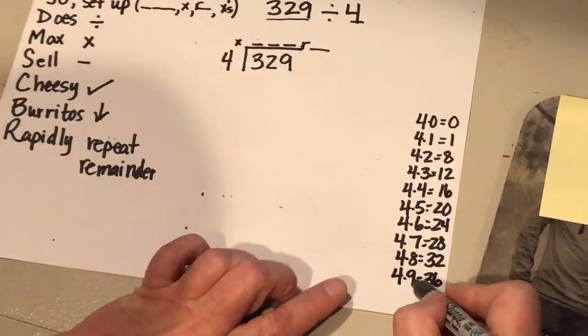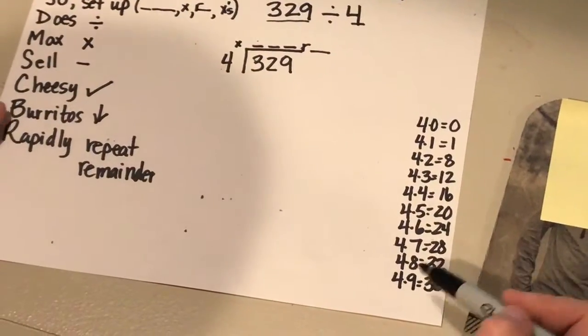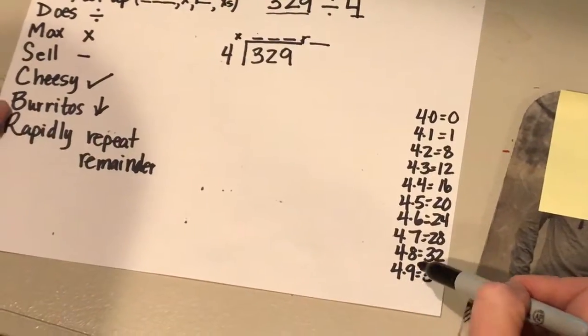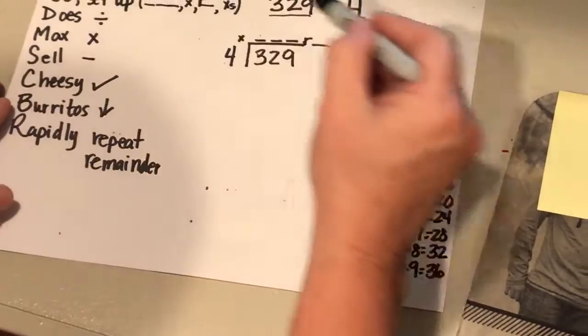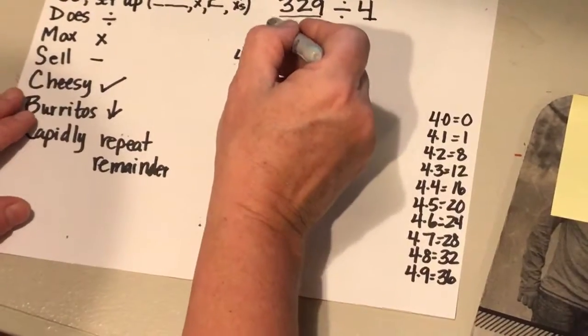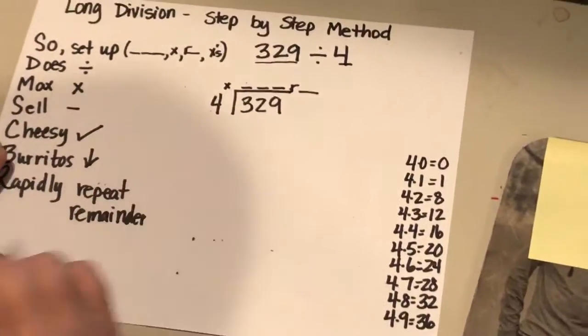You'll never need to go past 9 because just like you can't put more than one place value in a beach chair, you can only put one digit in a beach chair. It only fits one person.